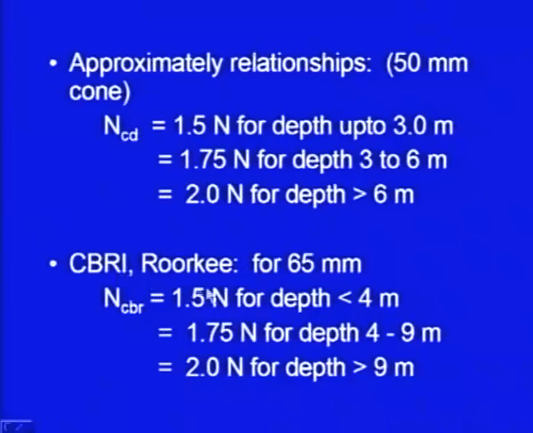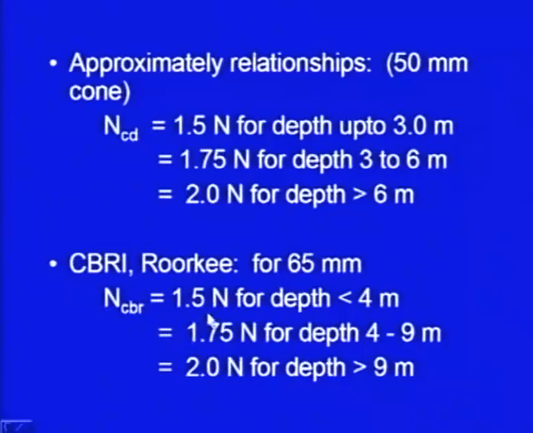CBRI Roorkee has given another expression. This is for 65 millimeter cone diameter. The N values are roughly equal to 1.5 times SPT N, sorry, this NCBR, this is for DCPT.